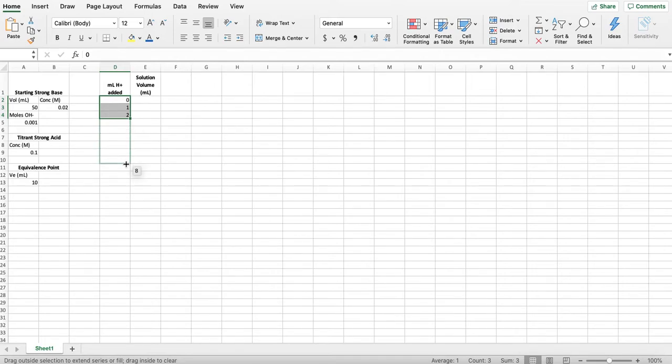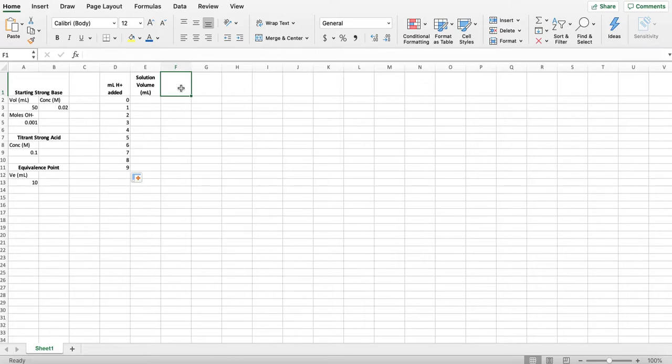You can see it'll go up by 1 each time. So remember, we're going to have these different regions before the equivalence point. So anything up to 10, we're going to be looking at the unreacted or excess OH minus.